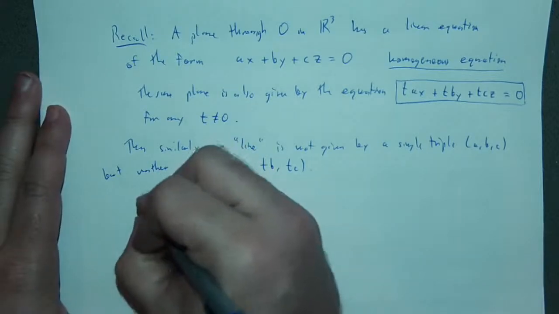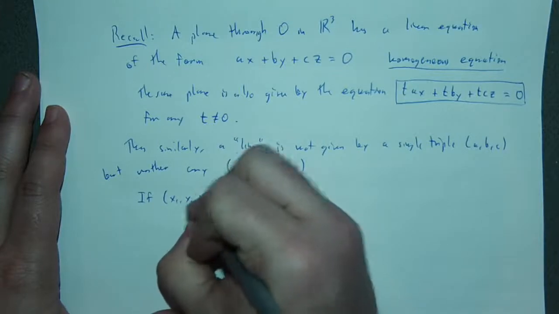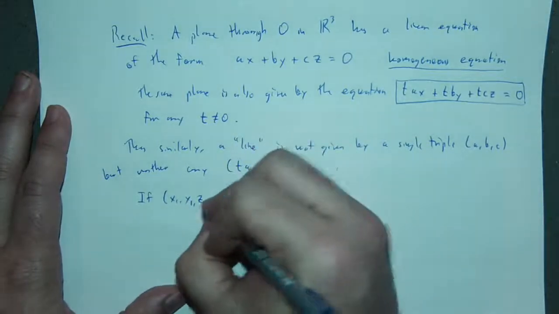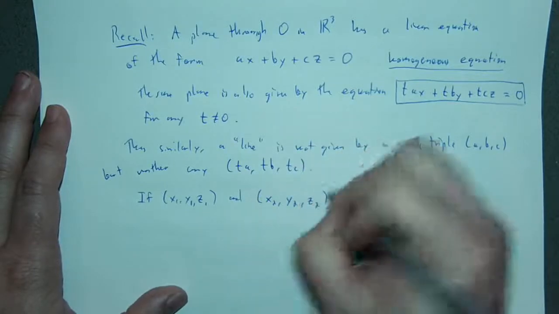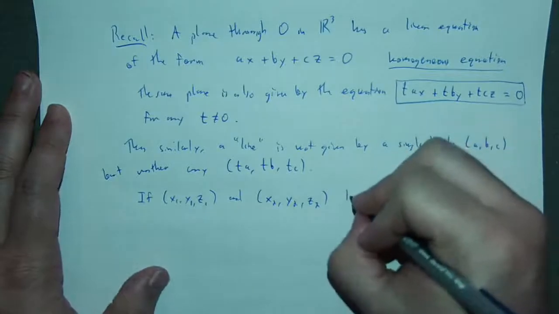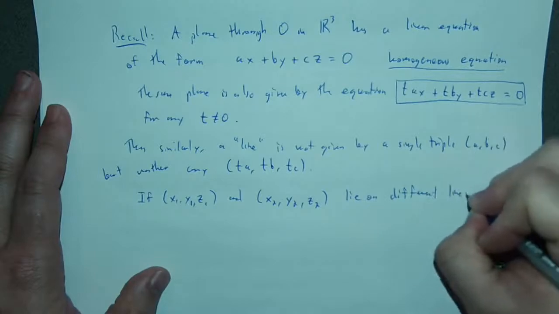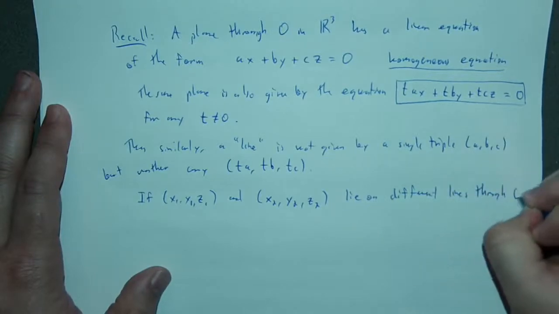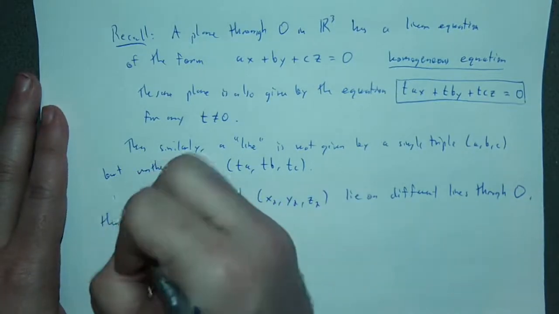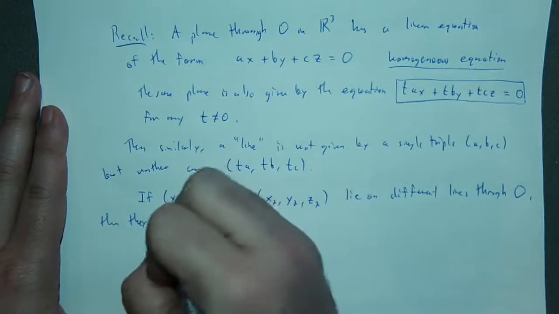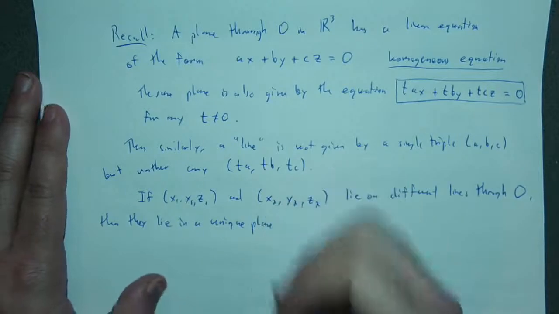So note, if, say, x1, y1, z1 and x2, y2, z2 lie on different lines through the origin, then they lie in a unique plane through the origin.